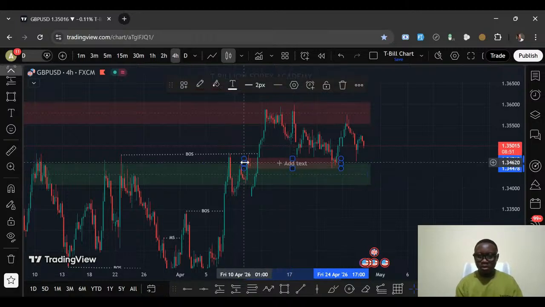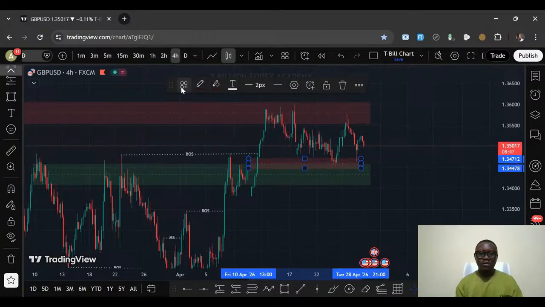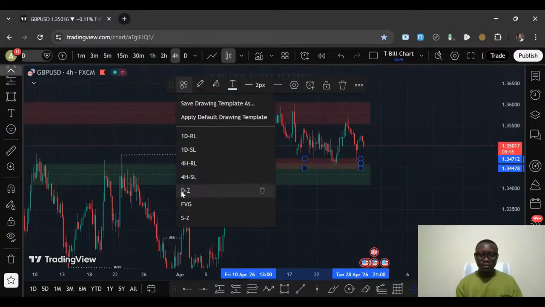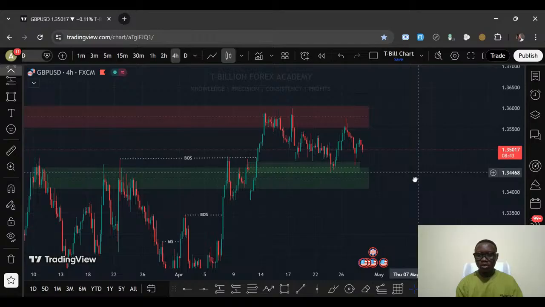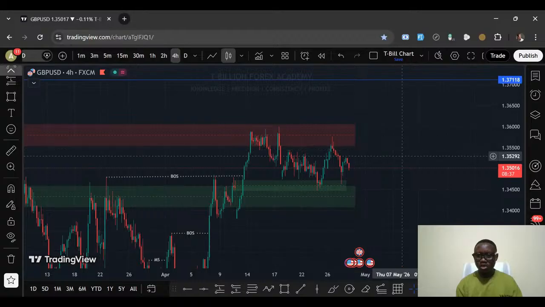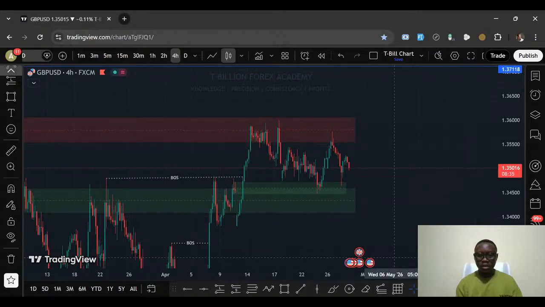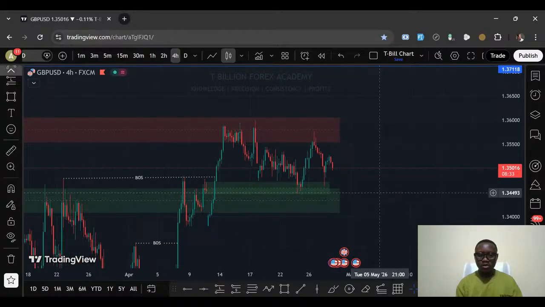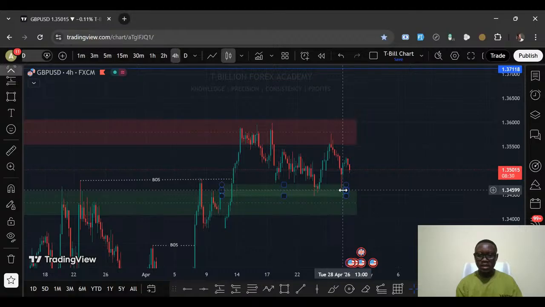Okay, so price tapped into this 4H breaker block right here and gave us this massive bullish move. So let's drill down to the 1H time frame and analyze this structure.